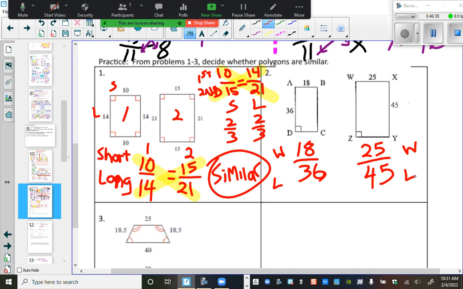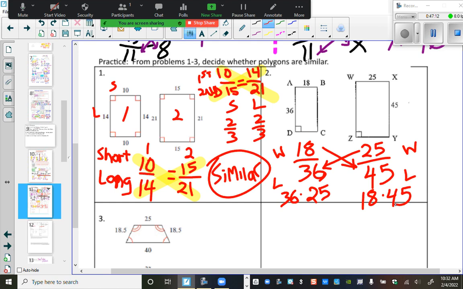All right, let's do that, everybody. Let's check. Do our cross multiplying. I want everybody to do this. We have calculators in front of us, so let's do a multiplication: 36 times 25, 18 times 45.